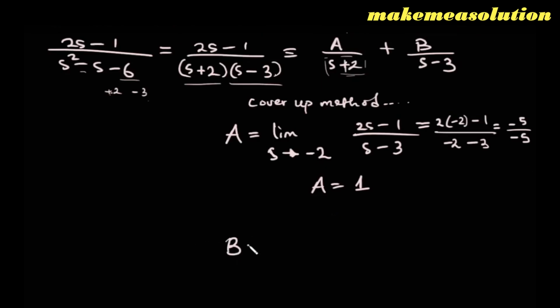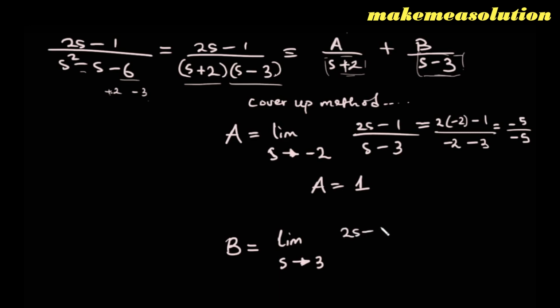So to solve for b with the cover-up method, you have b is the limiting value as s tends to what? If you solve this particular denominator by equating it to 0, you're going to get 3. So s minus 3 equal to 0, meaning s equal to 3. Applying this limit to the left hand side, you cover up that linear factor, s minus 3.